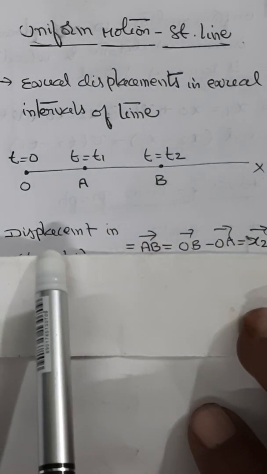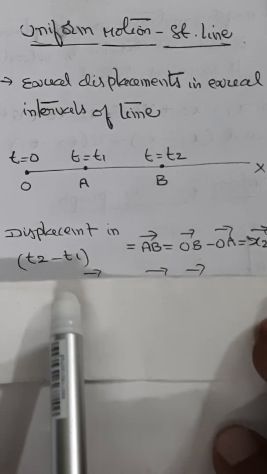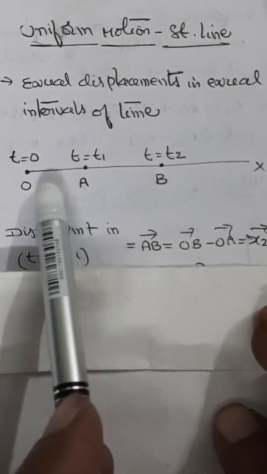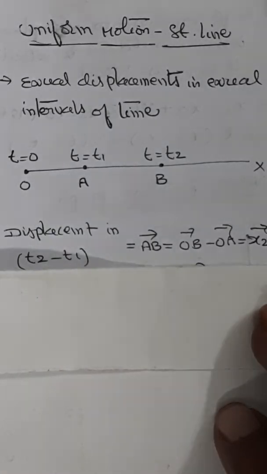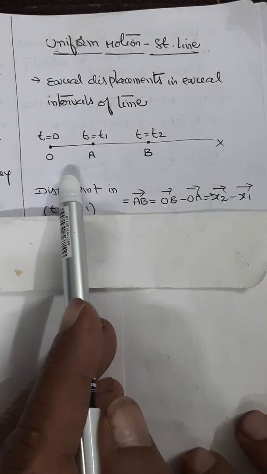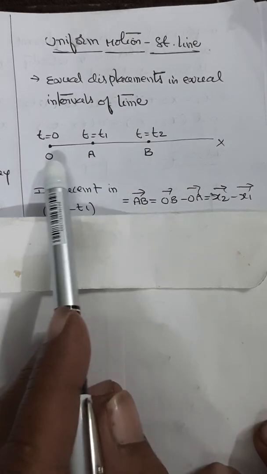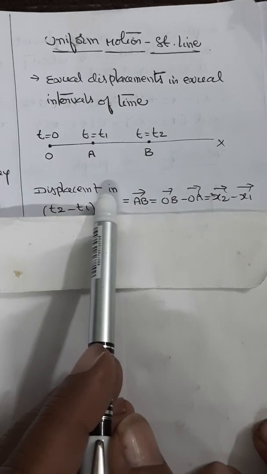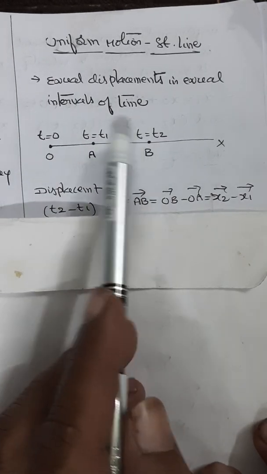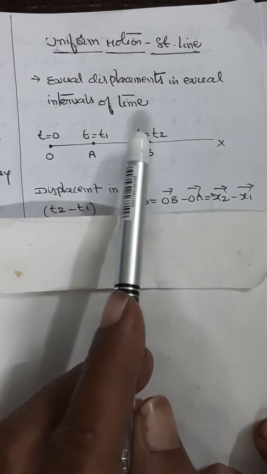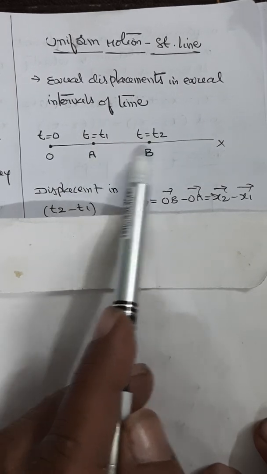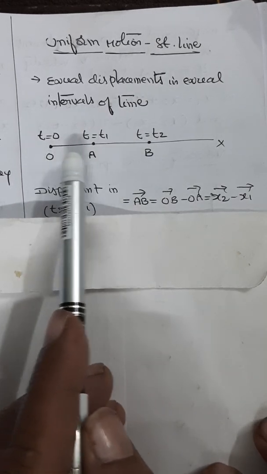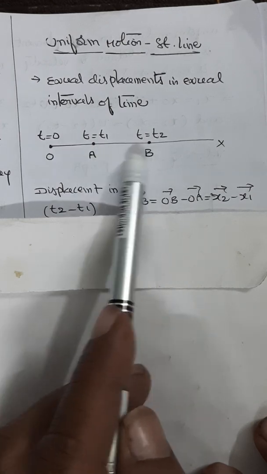Then if you look at the displacements, a very interesting phenomenon you can observe. Here vector OA is nothing but x1 and vector OB is nothing but x2, let us say. Then the displacement of the object in the time interval t2 minus t1 is vector AB only. Vector OB minus vector OA is equal to vector AB.